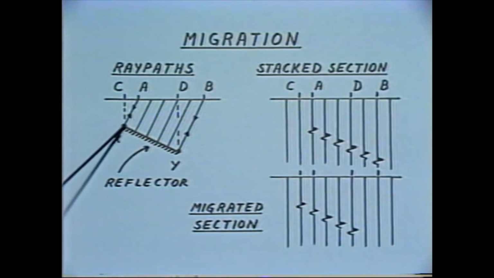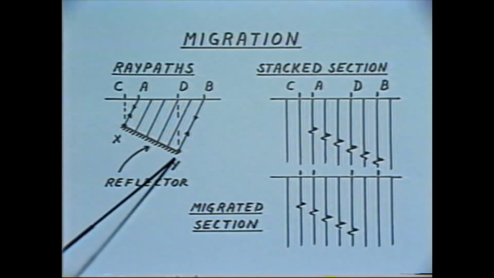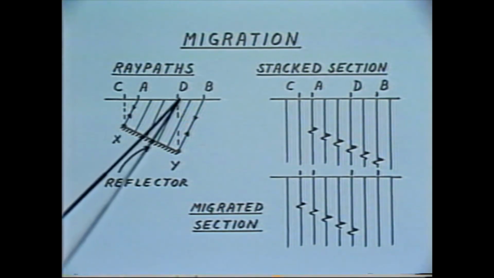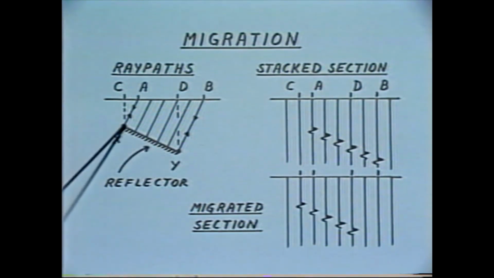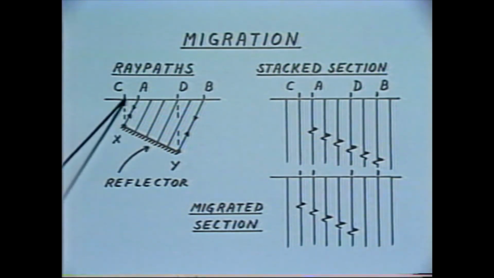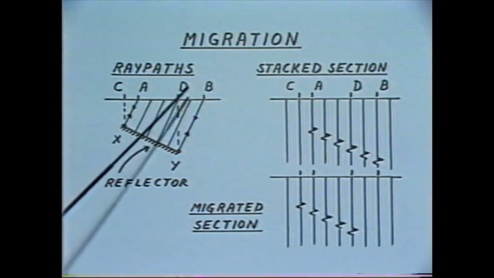If we have some dipping reflector which has a certain finite length from x to y, then the zero offset ray paths from a series of points on the surface to that reflector would look like this. So in fact we would see reflections from this reflector at a series of stacked trace positions from A to B, when in fact the reflector lies vertically below the points C to D on the surface.